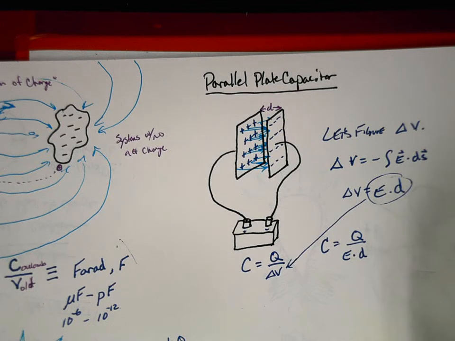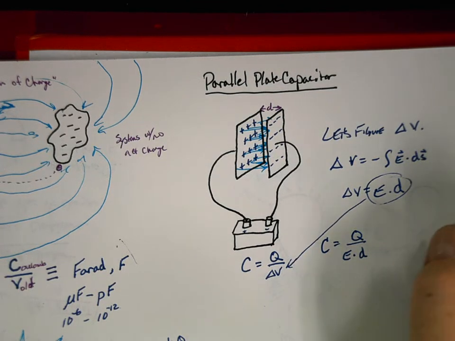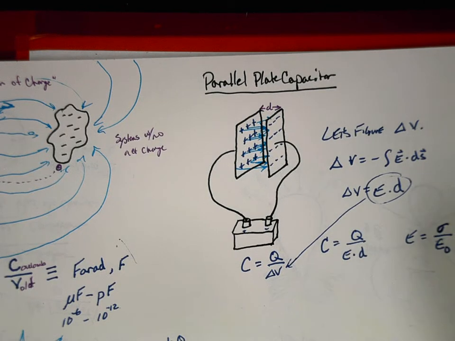But, and here's where we set the Wayback Machine to the very beginning, when we were talking about electric field. The electric field for a plane. If we have a planar distribution, our electric field equaled sigma, which was our area charge density, divided by epsilon naught.